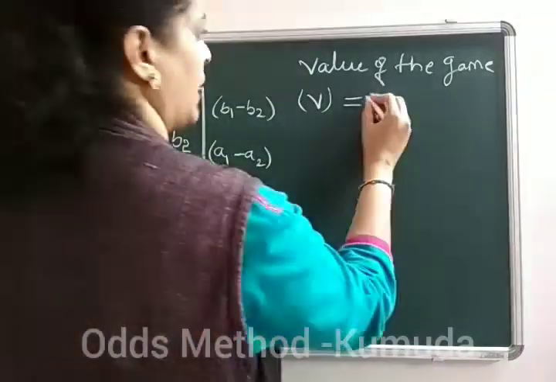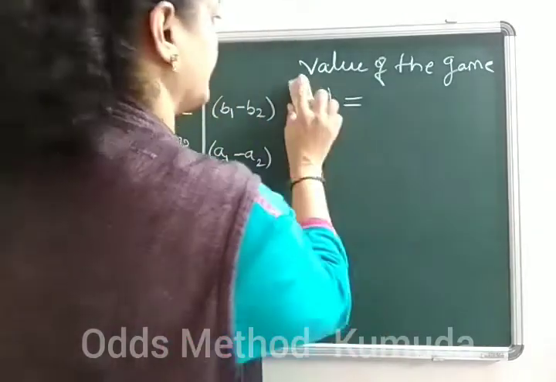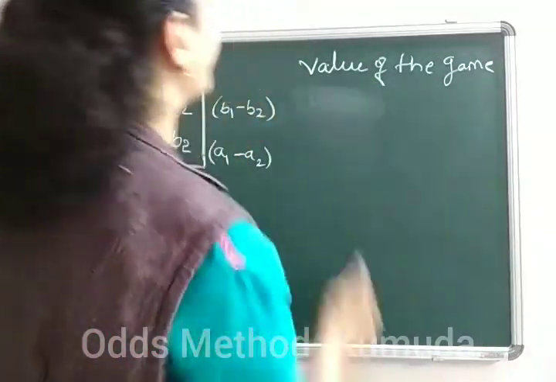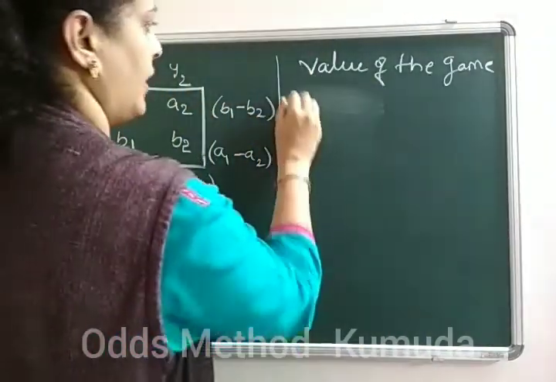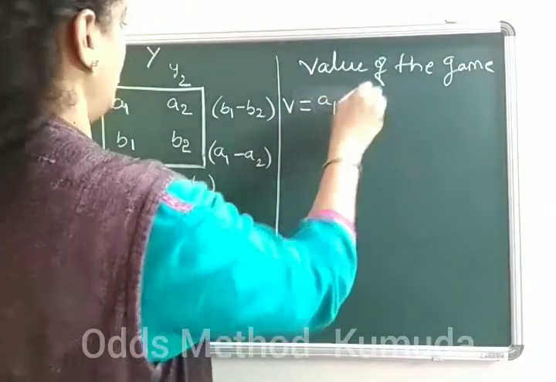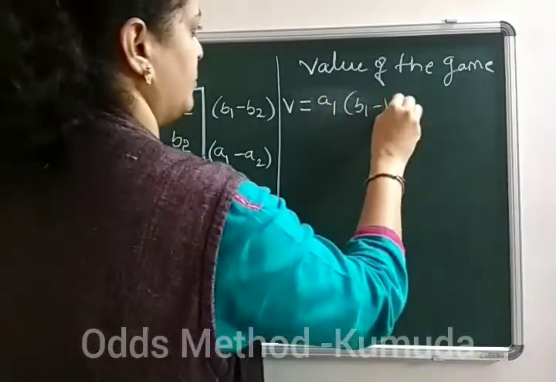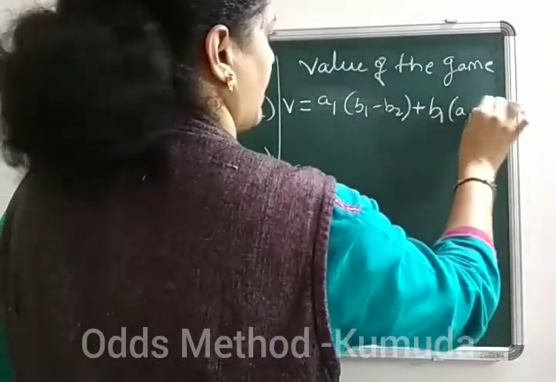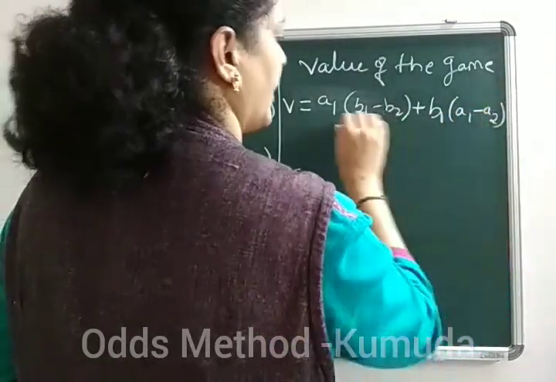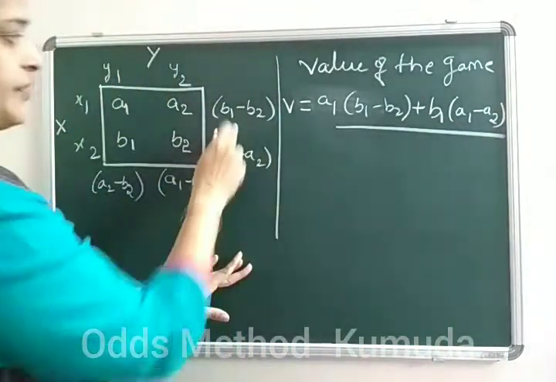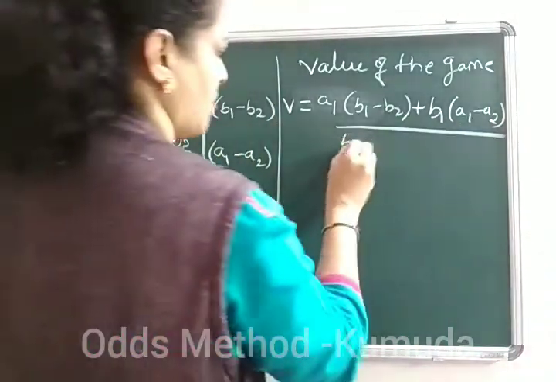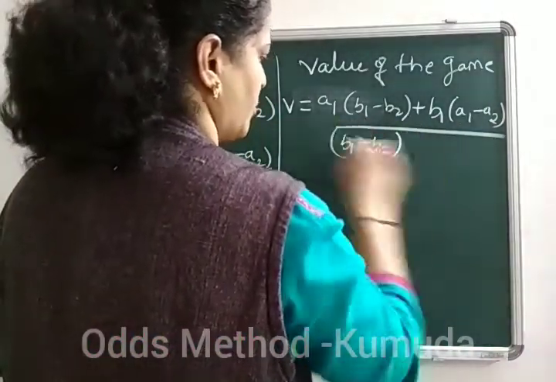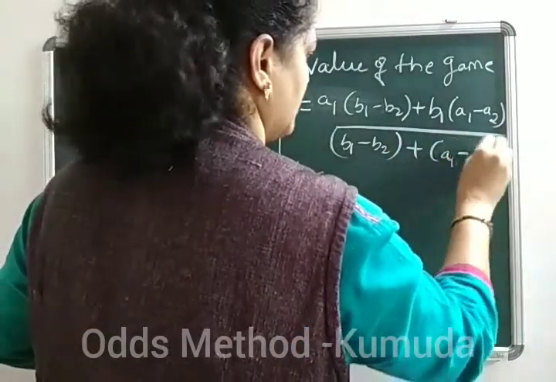So, the value of the game can be written as A1 into B1 minus B2 plus B1 into A1 minus A2, divided by the sum of the difference of the rows, that is B1 minus B2 plus A1 minus A2.